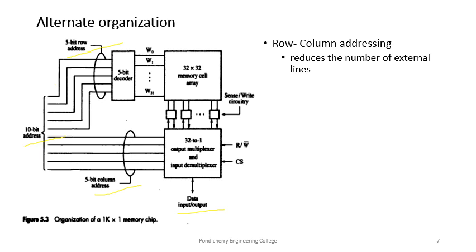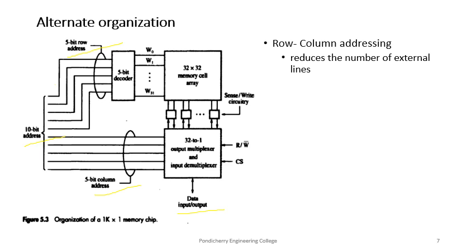However, according to the column address, only one of these cells is connected to the external data line by the output multiplexer or input multiplexer. In this case, a 10-bit address is needed, but there is only one data line.